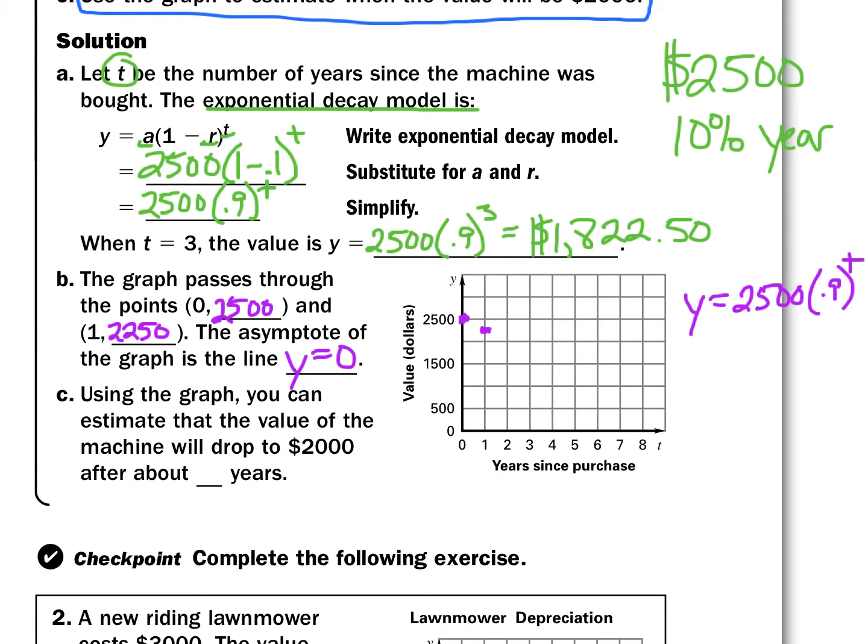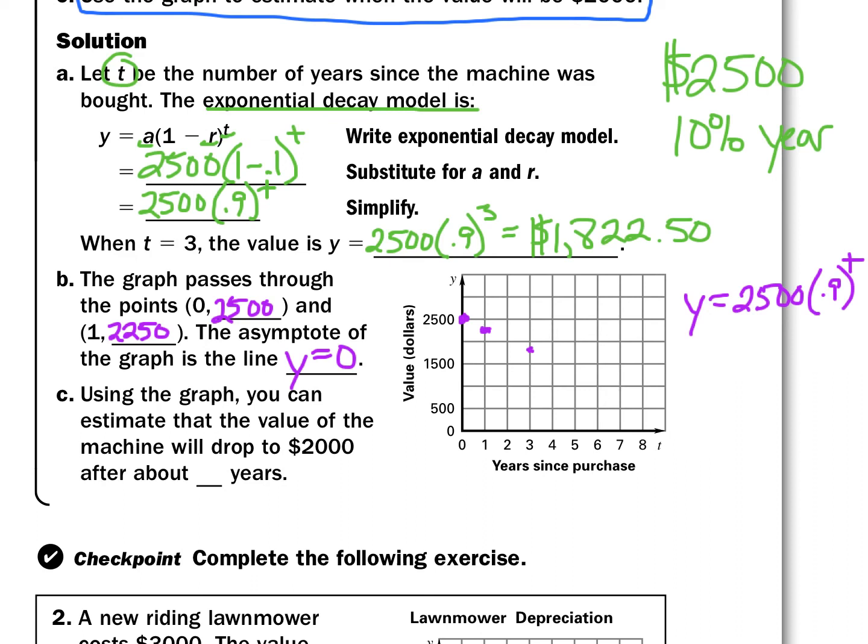We also know that after 3 years, the value is $1,822.50, so we can approximate that as well. 1,822 would be just a little over halfway between 1,750, which is the halfway mark, and 2,000.